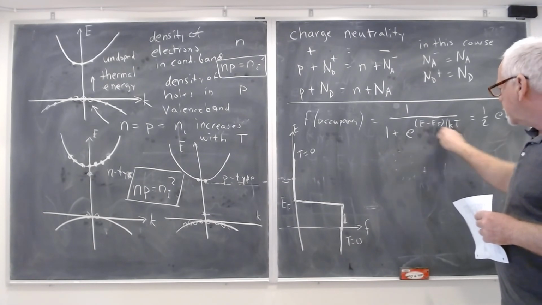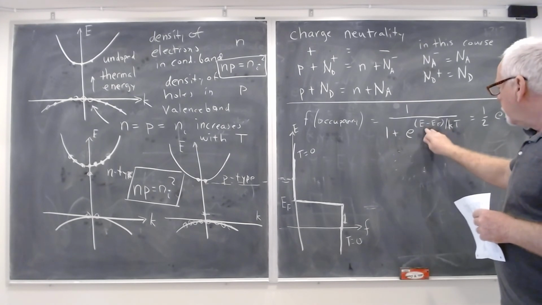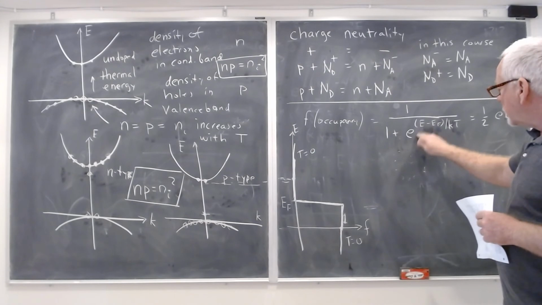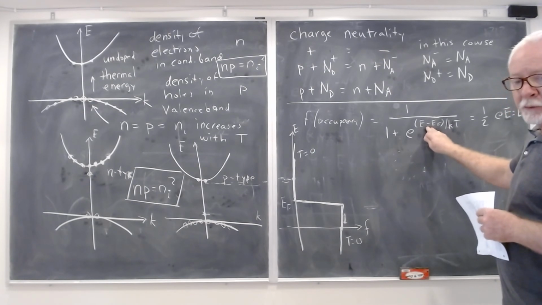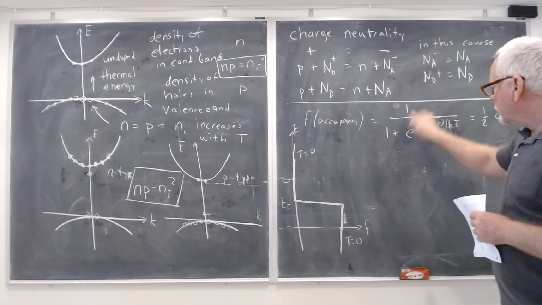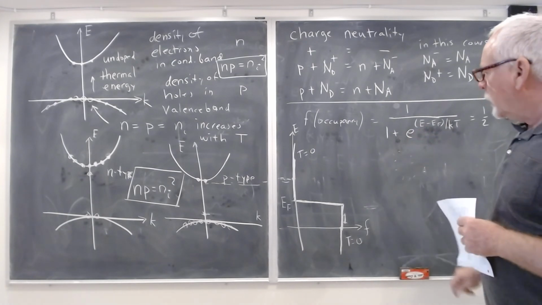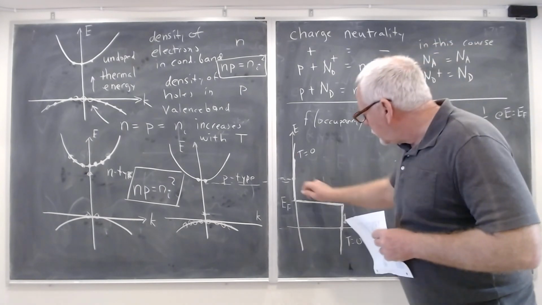So as long as at t equals 0, E is above EF, it's 0. If it's below EF, then this is e to negative infinity, and so this goes to 0, and it becomes 1 over 1, or 1.